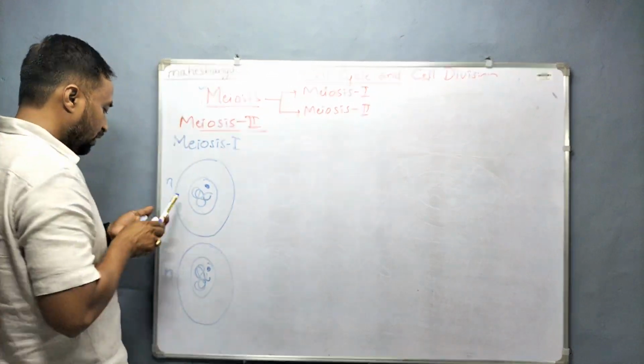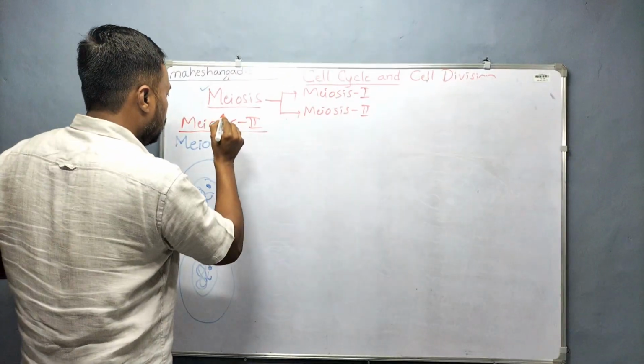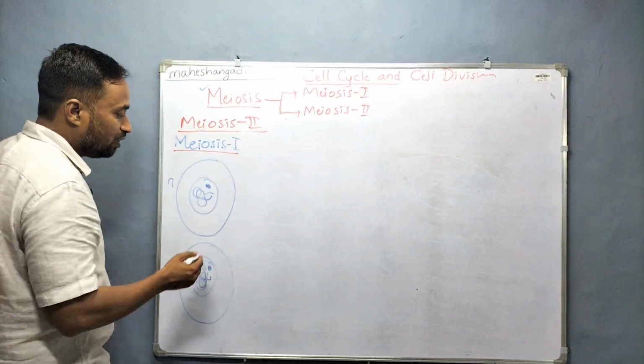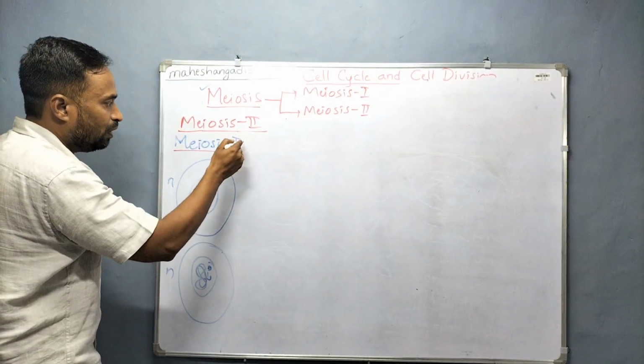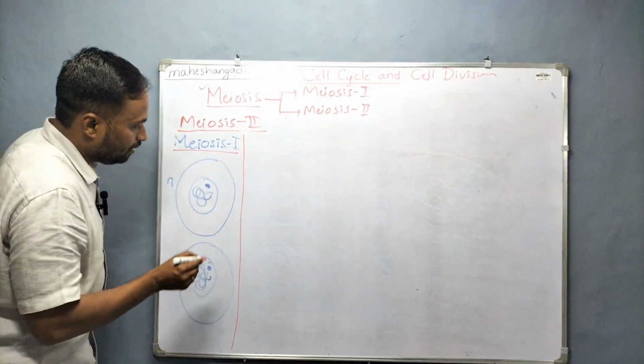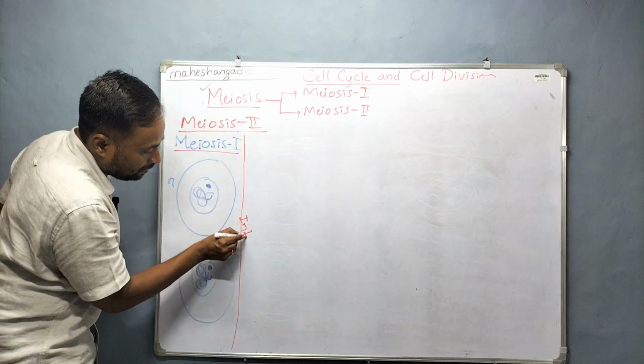Now we are talking about meiosis 2. In between meiosis 1 and meiosis 2, there is a very thin marginal phase called interkinesis.